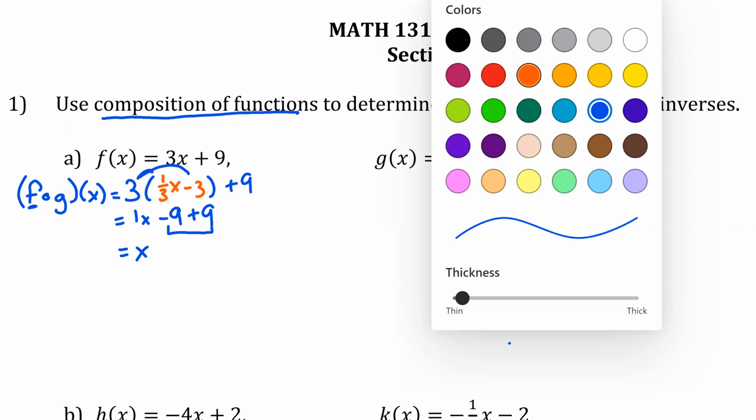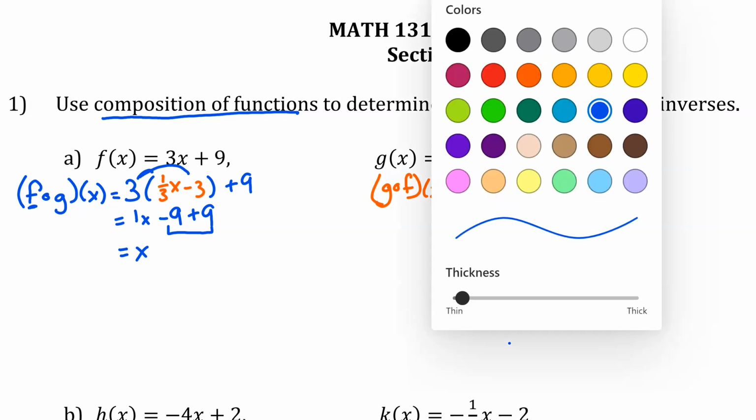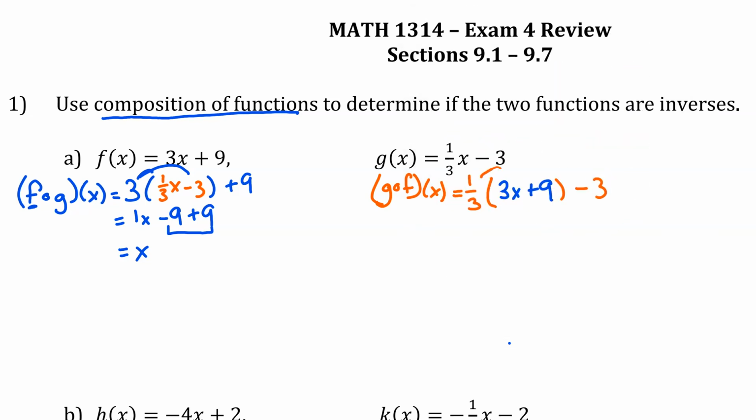Then I need to find g of f of x. So I need to go the other way with my composition. I'm going to do 1/3, and then in place of my x, I'm going to put the f function here. So I will have 1/3 times a 3x plus 9, and I will distribute that 1/3 in here.